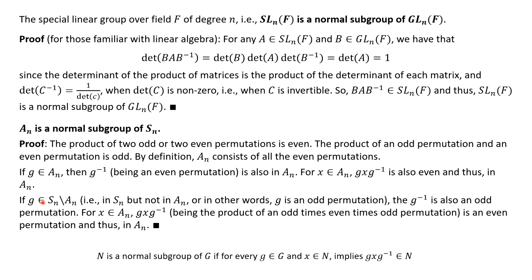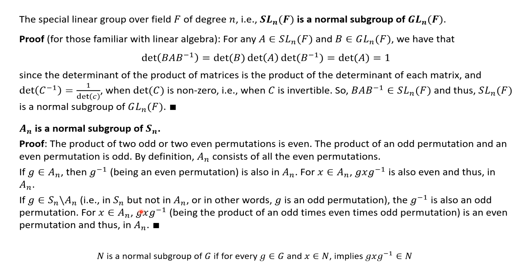Then in this case here, if g is in Sn but not in An, that would mean that g is an odd permutation. g inverse is also odd, and then for any x in An, you have an odd times an even times an odd, and so when you add up the number of transpositions, you're going to get an even number, right?